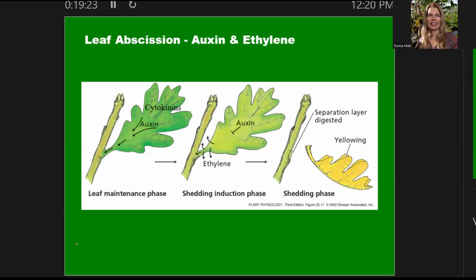And so you tend to see cytokinins and auxin levels go down and ethylene come up. And it's really the ethylene that's doing the final, okay, form the abscission zone and fall off. So there's a lot going on here, but ultimately it's that abscission zone that will allow for the leaves to fall off in the fall.